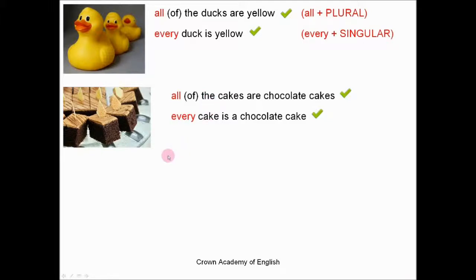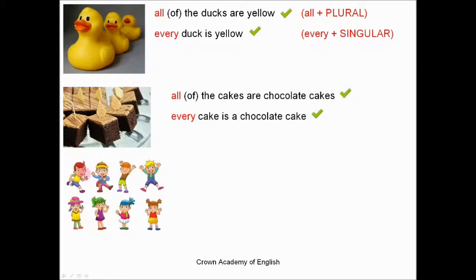And the last example, here we have a child who looks happy, and this child is happy. So here we say all of the children are happy. And remember that child is an irregular noun, and the plural of child is children.